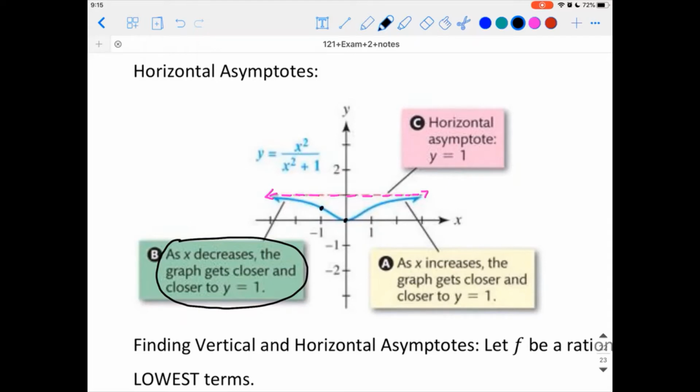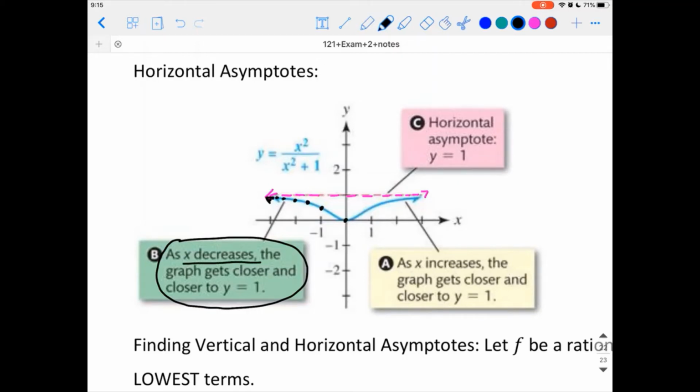Here at -1, my y is a half. And here at negative 1.5, it's maybe at point 7. And here I'm getting closer and closer to 1, but again, I'm never gonna quite reach it. I'm approaching it, but I'm never gonna actually reach it.